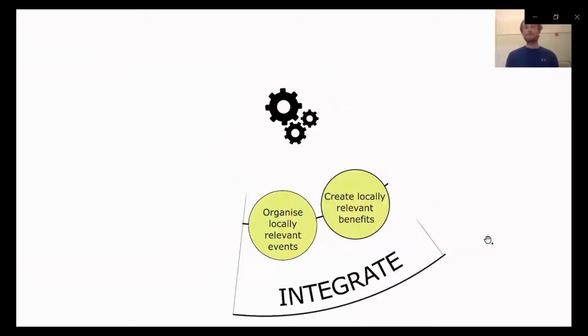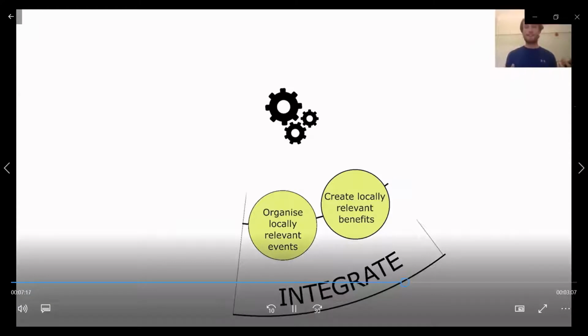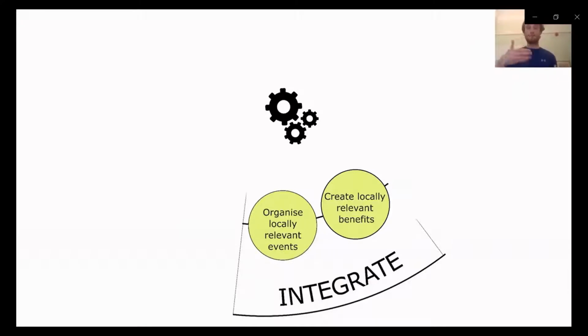Okay, then fourth, it's important to integrate your project and its effects in the local community. For example, it's important to create locally relevant benefits. Now, what do I mean with that? Well, if the local community is very much into, say, building an ecotourism business, then it can be very useful if you restore the ecosystem and create, for example, walkways and bird watching towers and those kinds of things that the local community can subsequently benefit from and build upon, so that the well-being of the locals is also related to the well-being of the ecosystem.